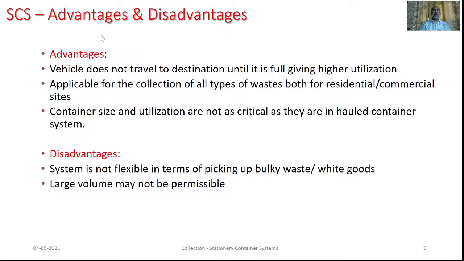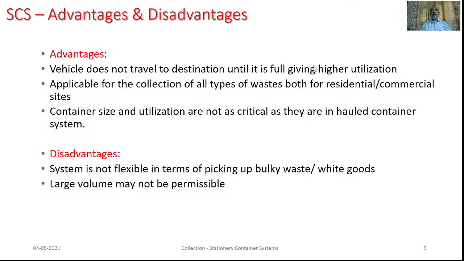This system has distinct advantages. The first one is that the vehicle does not travel to the destination until it is full, giving it higher utilization.